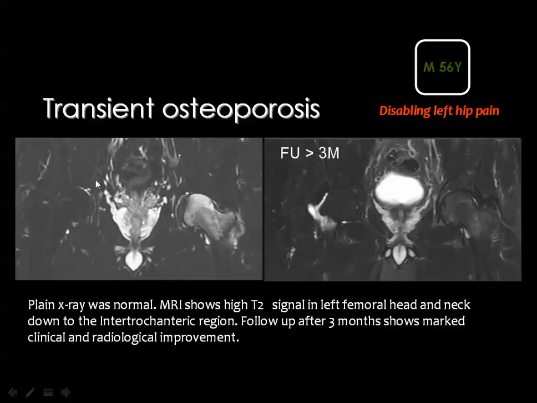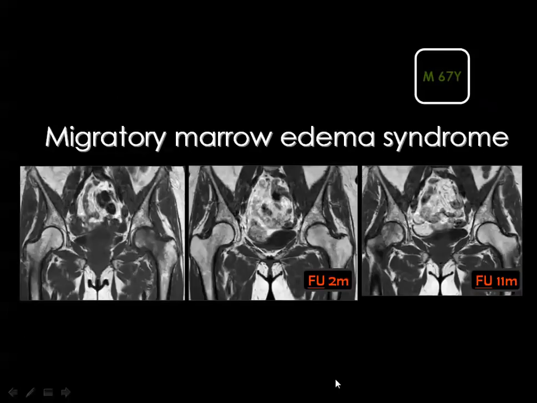Also note that this hip was normal, and in the follow-up study there is some effusion on the right side. Then this is migratory osteoporosis of the left femoral head and the neck.